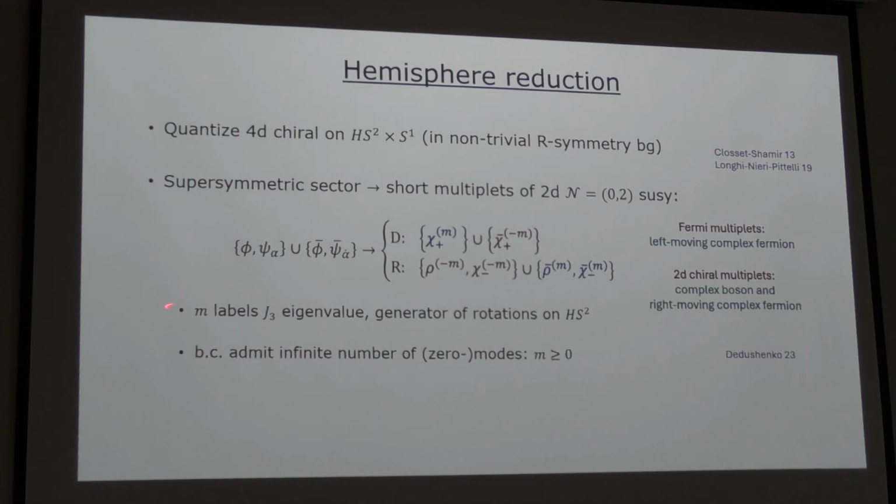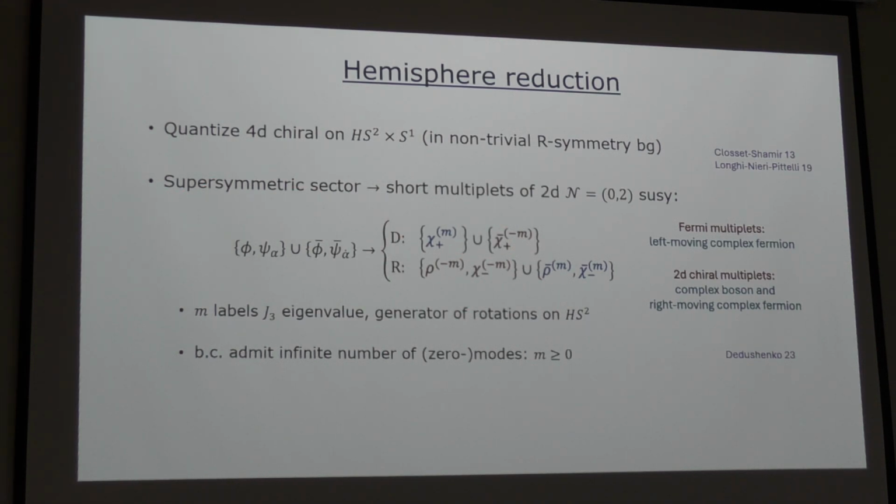Okay, and M labels the J3. There's some spin, some representation of SU(2), of which M labels the J3 eigenvalue. Okay, that's the generator of rotations of the sphere or the hemisphere.